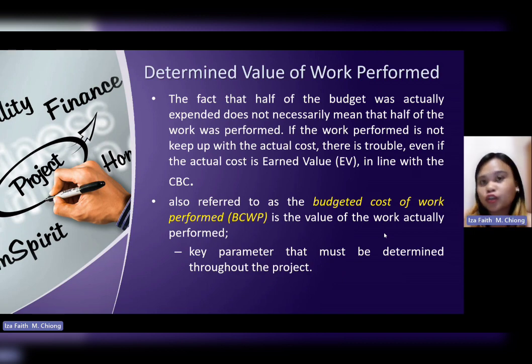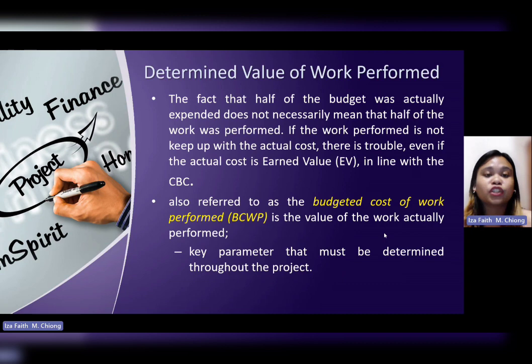So suppose a construction project has a budget of 500,000 pesos and a schedule of 6 months to complete. At the end of the first 2 months, the project team has completed 40% of the planned work, which was to install the foundation and framing for the building. So the total cost of the planned work was estimated to be 300,000 pesos.